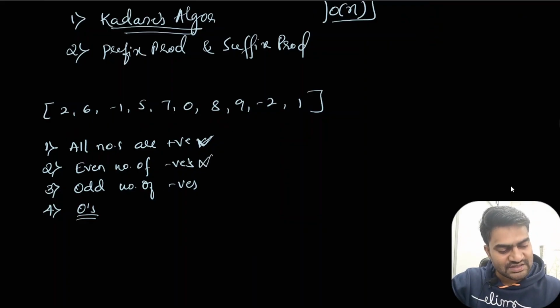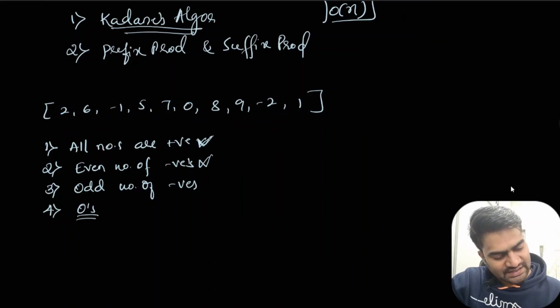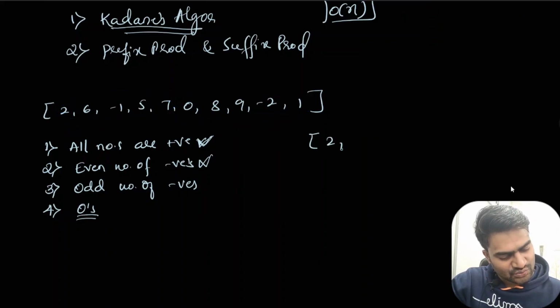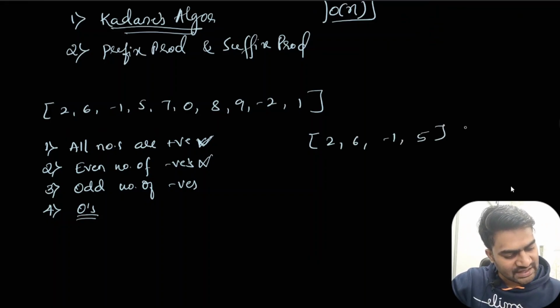Now what happens if at all there are an odd number of negatives? Say for example, out of this entire array, let us only consider this part, which is 2 comma 6 comma minus 1 comma 5. Or we can also consider the other part, which is this one, 8 comma 9 comma minus 2 comma 1.